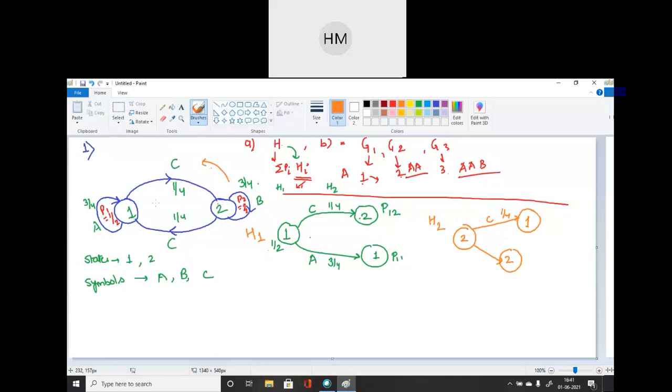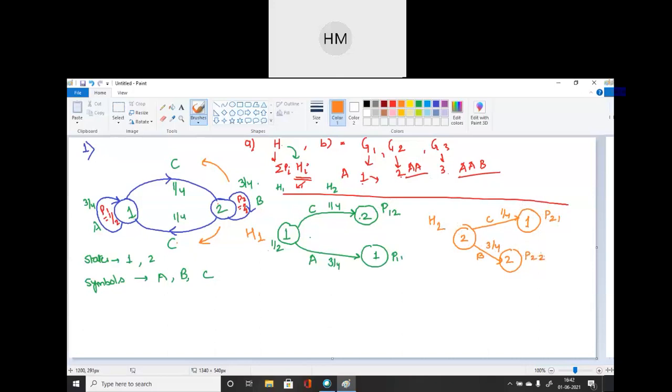Sorry, it's reversed. 2 going to 1 is this C. Okay, 1 by 4 probability, and 2 moving towards 2 state is B. Clear, student? With probability 3 by 4. Am I right? So probability generated will be P21 and P22.